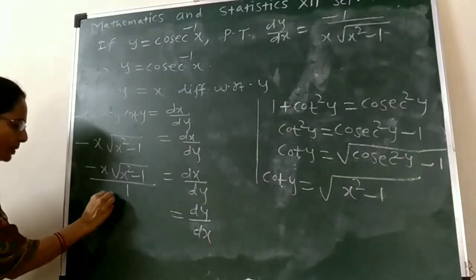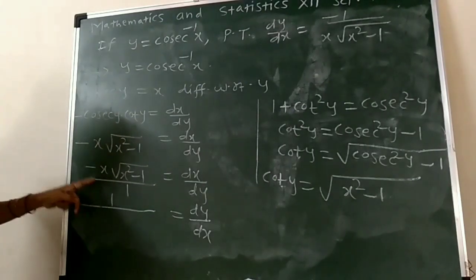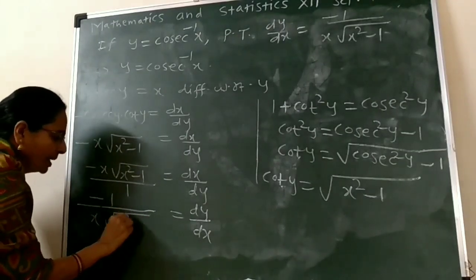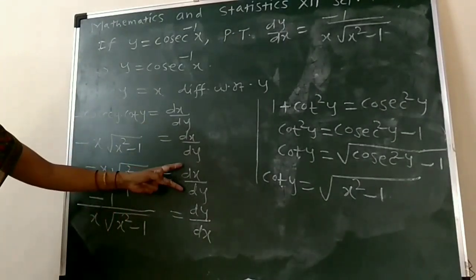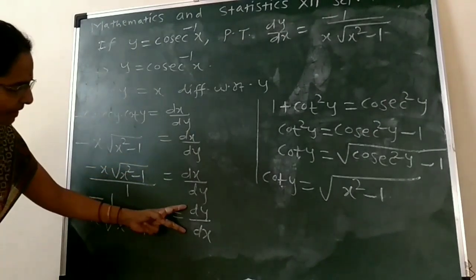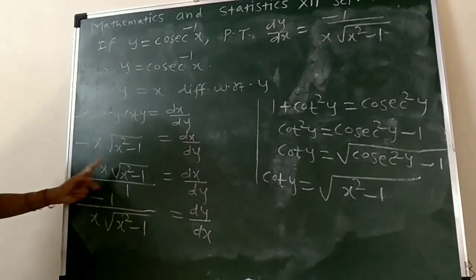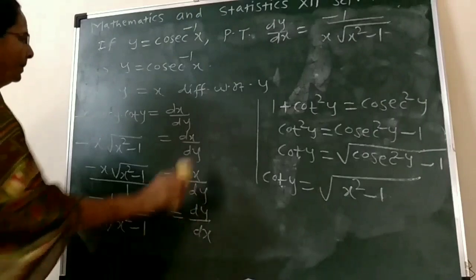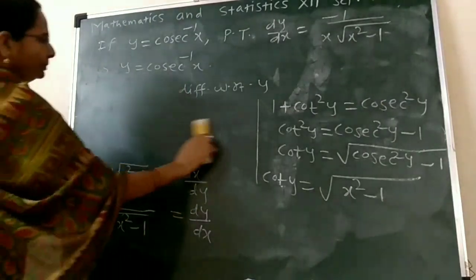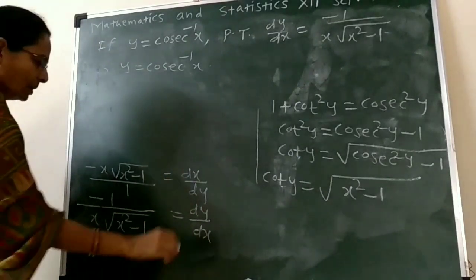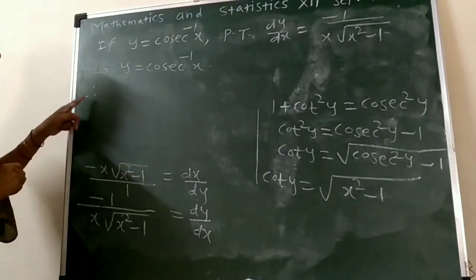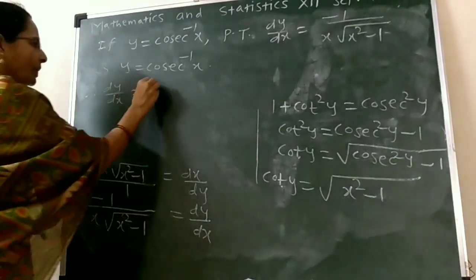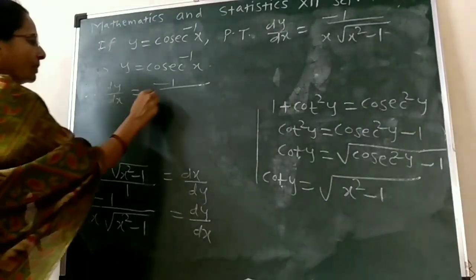Dx by dy is this value, dy by dx is the inverse of this, so with the minus sign, 1 upon x root x square minus 1. Therefore dy by dx is equal to minus 1 upon x root x square minus 1.